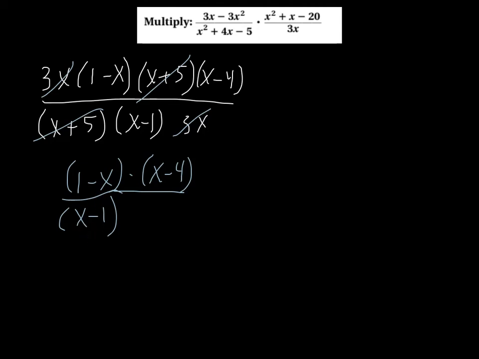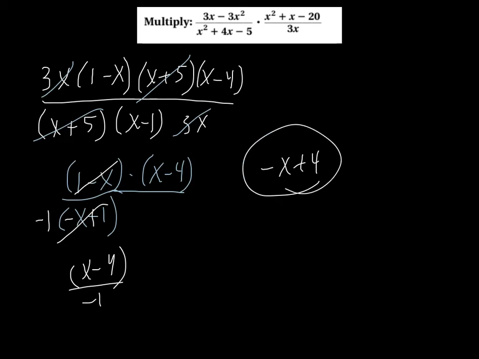So what could we do? How about we factor out a negative 1? That changes that. And now I have a negative x and a positive 1 on top and bottom, so they cancel. And what am I left with? X minus 4 all over negative 1, which is the same as negative x plus 4 as a final answer.